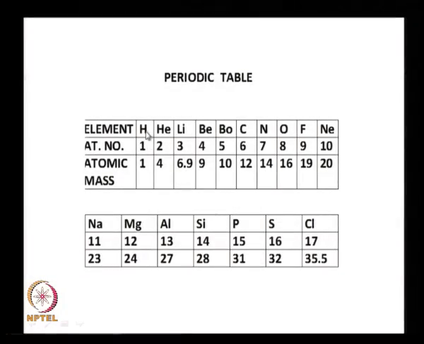Let us take a particular case, maybe hydrogen has a low atomic mass, and therefore even if I take a hydrogen molecule H2 whose molecular mass is 2, well, it is lower than anything else, therefore it is a very viable propellant from the molecular mass point of view. I next go to helium. Helium is inert. Well, it can be used as a cold gas, cannot be used as a chemical propellant, I will not consider it.